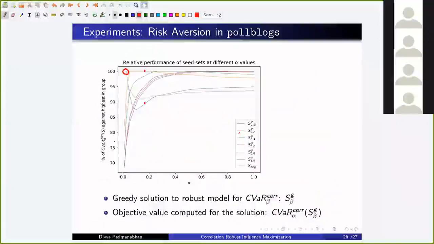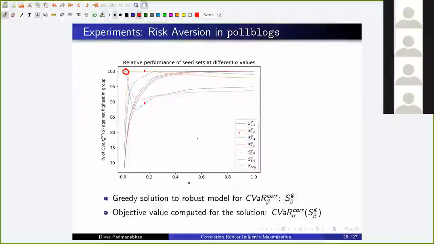Yeah, so of course, there is a lot of conservativeness that gets introduced because it's a worst case model, and also you're looking at a bad region. That is something which is there in these models because you're anticipating the bad thing to happen. Whether it can be measured, one thing is perhaps these price of correlations kind of ideas you can try to see, not exactly in terms of conservativeness, but with respect to other models like independent cascade, or any other distributions.